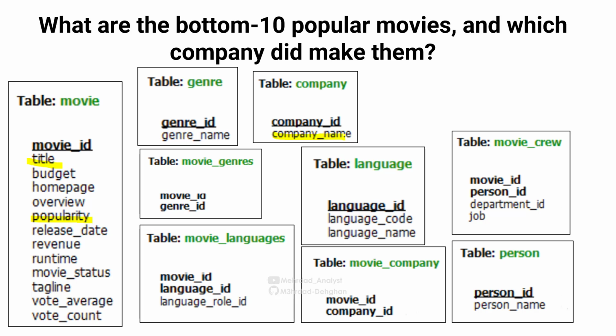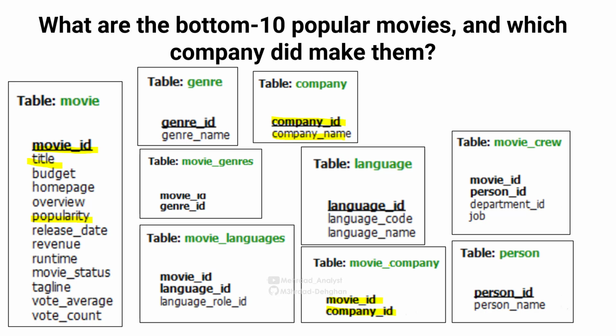But as I mentioned before, for making a join between table of movies and table of company, we need the bridge table. The bridge table is movie company. And we need movie ID from here, and we need company ID from here. So we need data from these three tables: movie, company, and movie company.